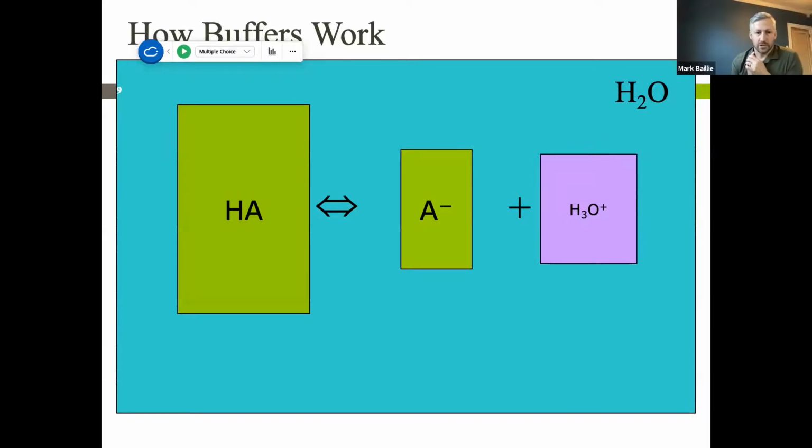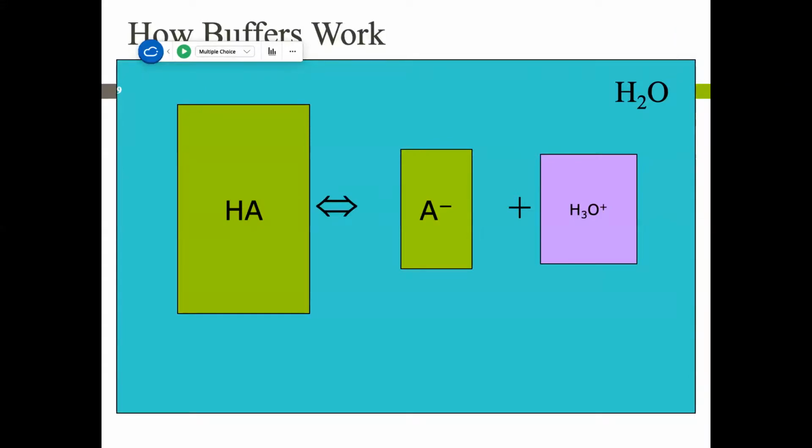So then, using the terminology that Tracy used about weak and strong, how does a buffer minimize the change in pH when a strong acid is added? Verda, you can go ahead and answer that, or we can pass the baton if you want. We can pass it. I remember she said it changes it into a weak base.